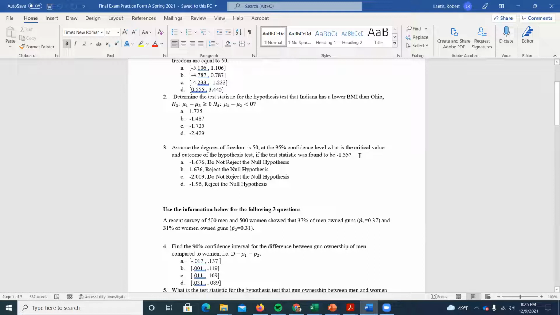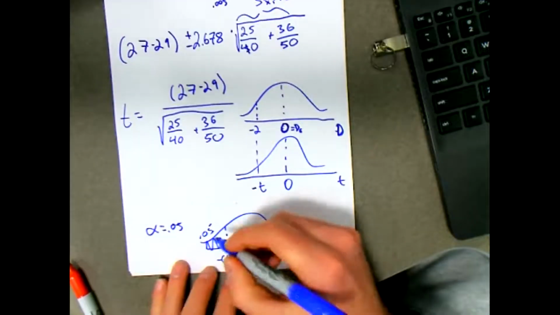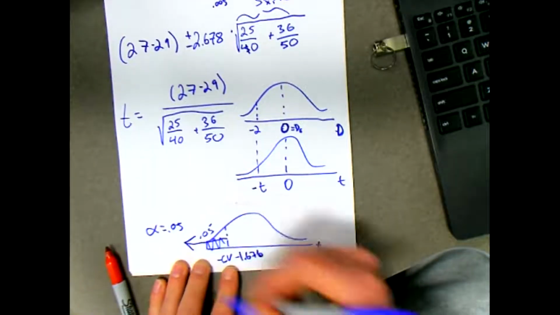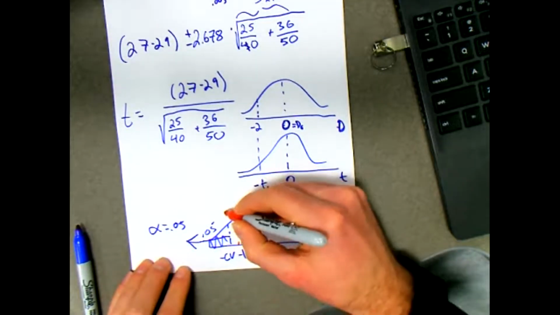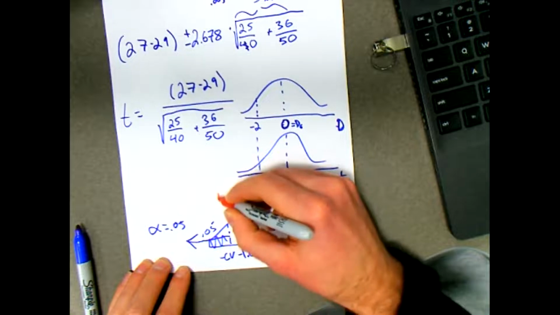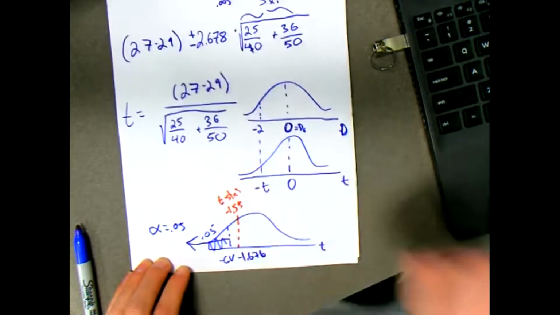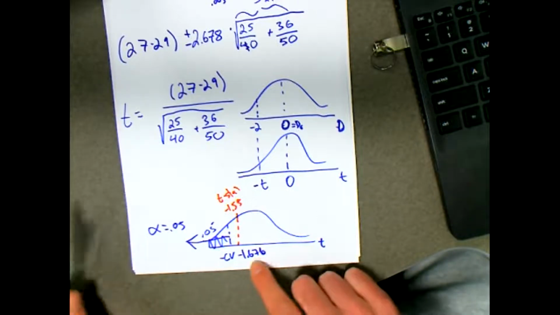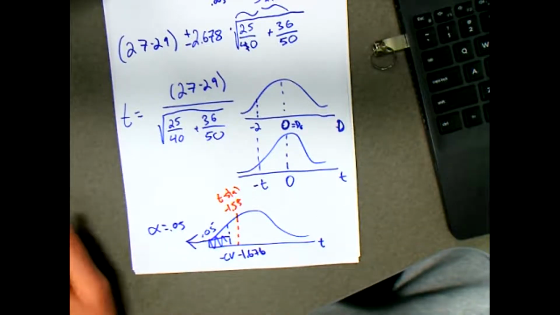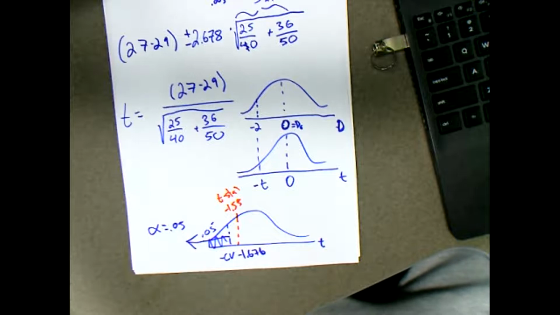Well, if I have a test statistic of negative 1.55, once I have that critical value for a left-tailed test, the rejection region is the area to the left. If I plot that test statistic of negative 1.55, it's not quite in my rejection region, so that's why I fail to reject. And I knew it was negative because it was a left-tailed test. We're dealing with that left side of that student t-distribution. All right.